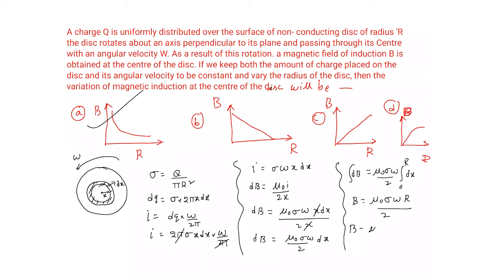B is equal to mu naught omega by 2 R into Q by pi R square. So one R will be cancelled. So B is inversely proportional to R. B is inversely proportional to R, children. Copy that. That's why you'll get a rectangular hyperbola. Copy that. Take 2 minutes time.